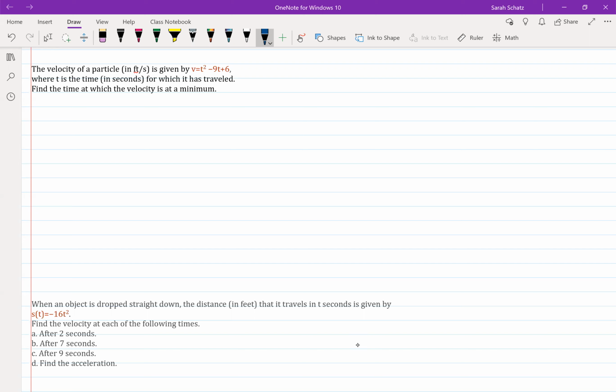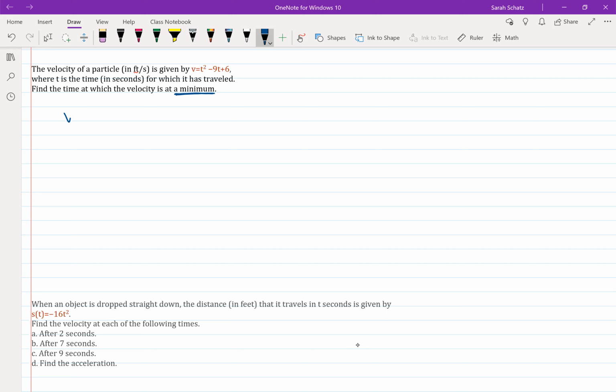So if I don't have to worry about an interval, all I'm looking for is a minimum of this function. You guys, where do mins and max happen? They happen at critical points. So on this one, I need to find the critical points and find which one is a minimum.